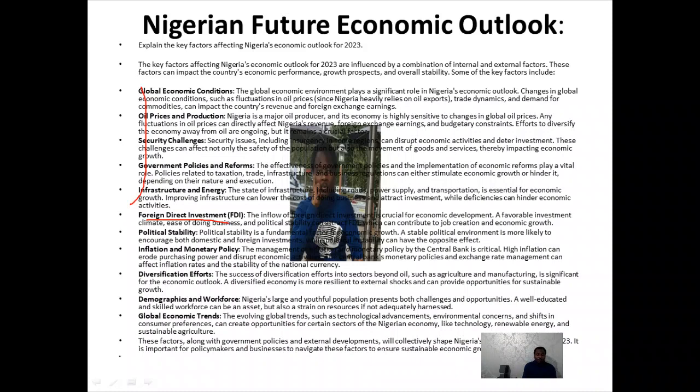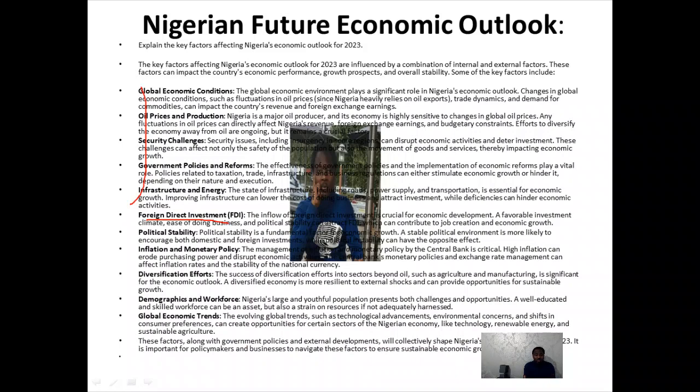Diversification of efforts, maybe into agriculture, maybe into mining and things like that, will better aid the economy. Demographic and workforce. Nigeria is demographically strong when it comes to youth, and the percentage of youth is very high within the 200 million population. So demographically and in workforce, Nigeria is strong and it presents a good economic outlook.